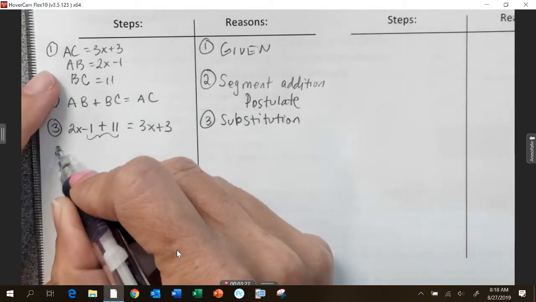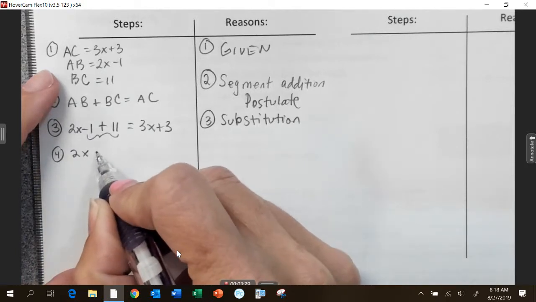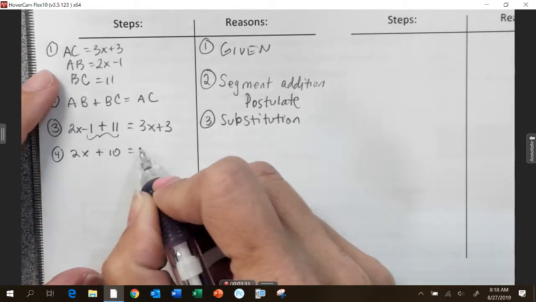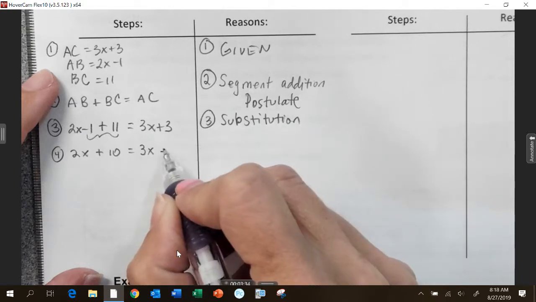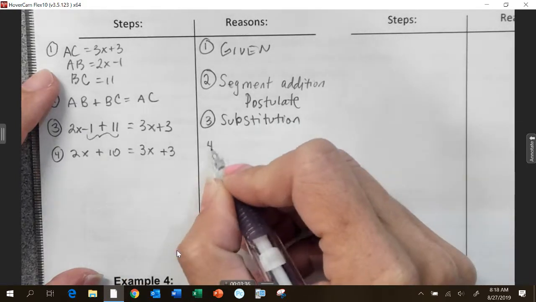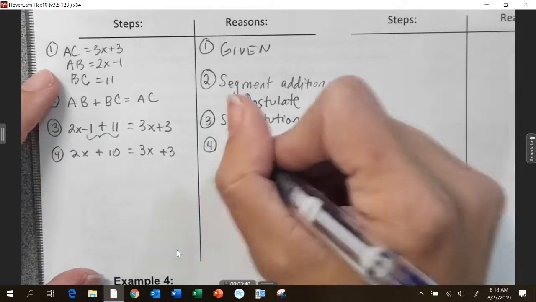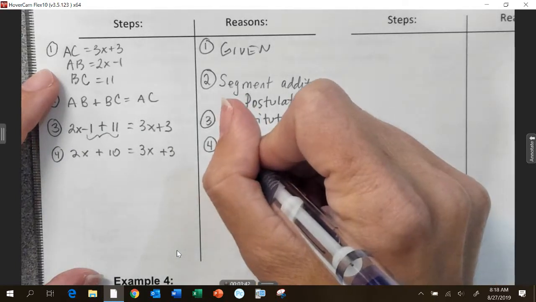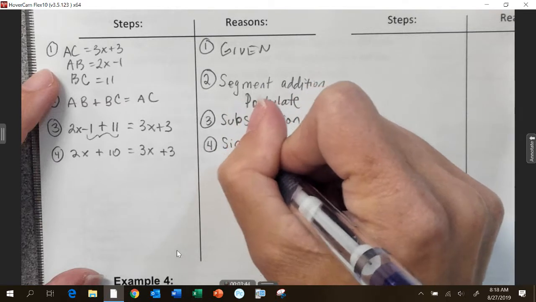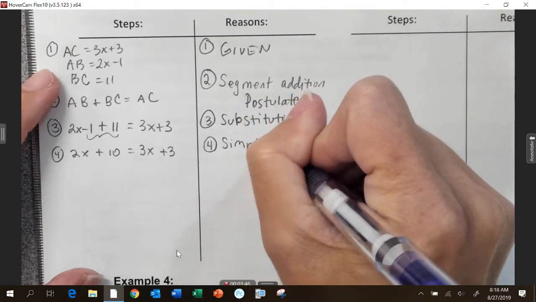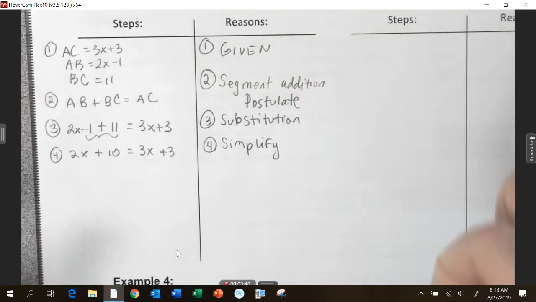So step 4 is going to be 2x plus 10 equals 3x plus 3. You could either write combine like terms, or we could just write simplify, which is also combine like terms. Either of those, I think is fine.